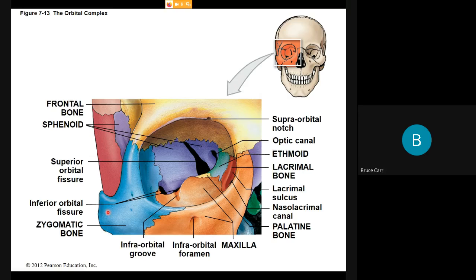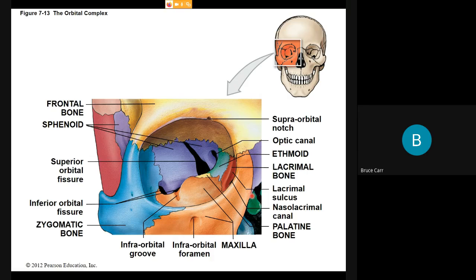Now we see bones of the face in this. We also can see cranial bones. Here's the frontal bone. Out here we see the parietal and the temporal bone, bones of the cranium. The purple, we see here different exposures of the sphenoid bone, its job forming that back wall of that notch.